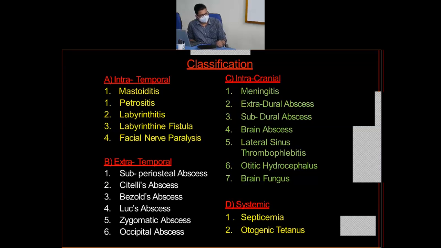Among the intracranial complications, these are meningitis, extradural abscess, subdural abscess, brain abscess, then the most common, lateral sinus thrombosis or sigmoid sinus thrombosis, and hydrocephalus. And systemic: this infection may lead to septicemia and otogenic tetanus if it's caused by Clostridium tetani.